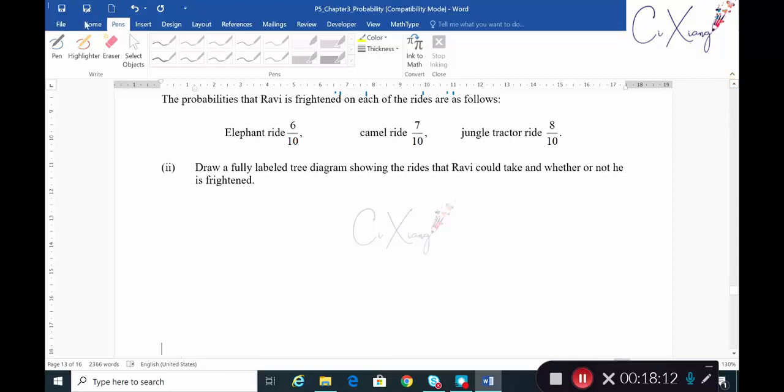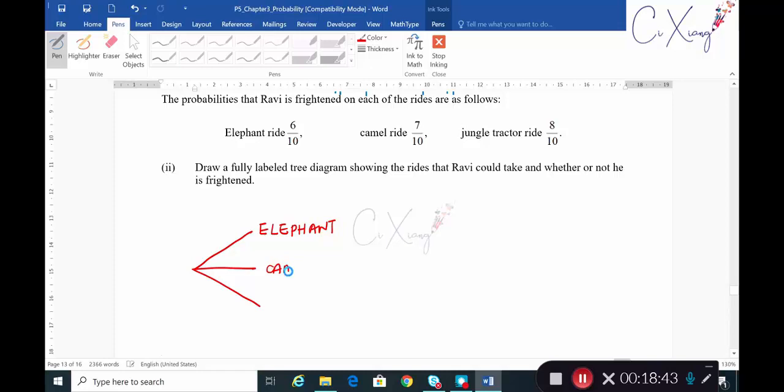Again, if you imagine the whole question here, generally it is also a process. That means Ravi gets on a ride first, and after that they want to investigate and see whether he's frightened or not. So again, I can draw a tree diagram to help me. Different from the tree diagram that we drew before, for this tree diagram, the first layer has three branches: elephant, camel, and of course jungle tractor.